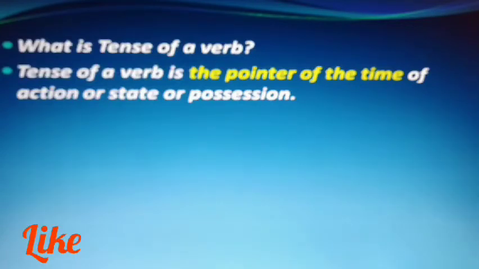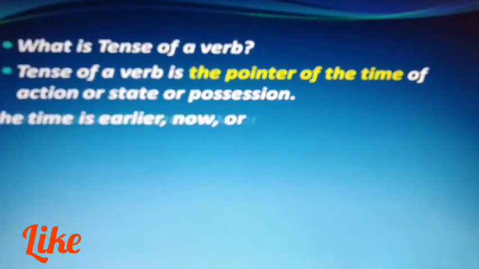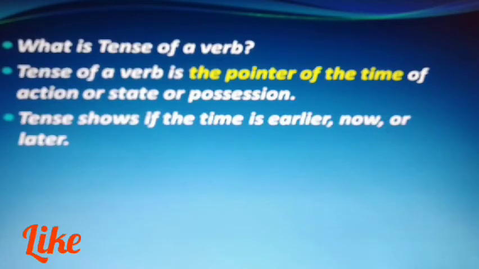When we use a verb in a sentence, the tense of the verb indicates when the action takes place, whether it is in the earlier time or it is at present or it will take place in the future time. So, tense is the pointer of time. Tense shows if the time is earlier, now or later. Tense is the indicator of time.